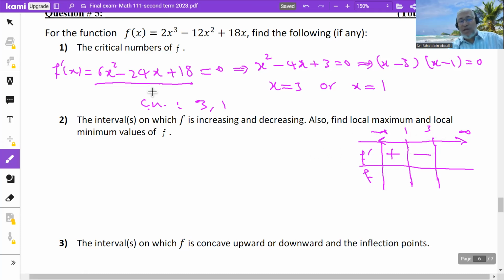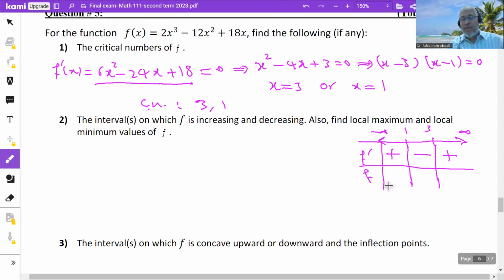If you take a number greater than 3, 4, for example, you will find that the sign is positive. Or there is a formula that says whenever you have a second degree equation, between the roots, the sign is opposite to the sign of x squared. So the sign of x squared here is 6, positive. So we have positive, negative, positive.